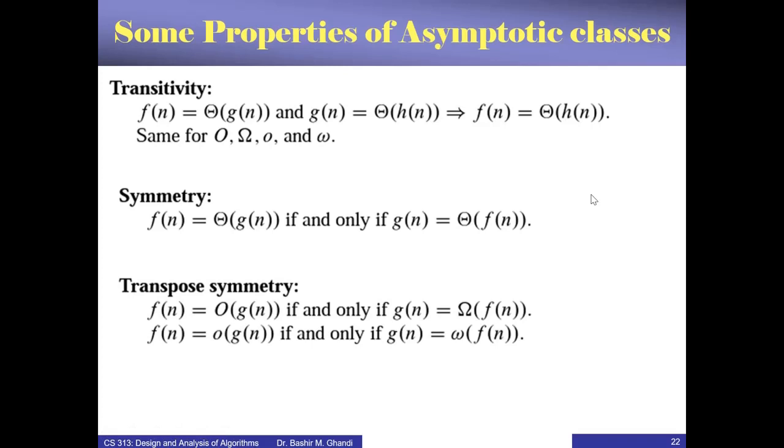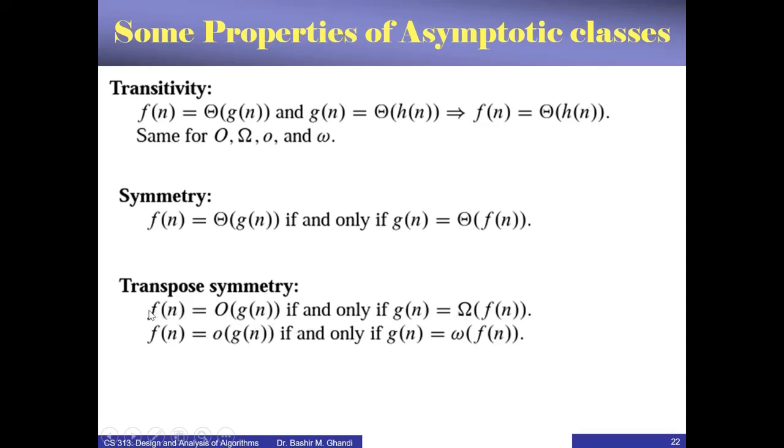And another one is the transpose symmetry. So the first one says Fn is big O of Gn if and only if Gn is big omega of Fn. So this is obvious again. If Fn is less than or equal to Gn, then definitely Gn is greater or equal to Fn. Remember always to think about omega as greater than.